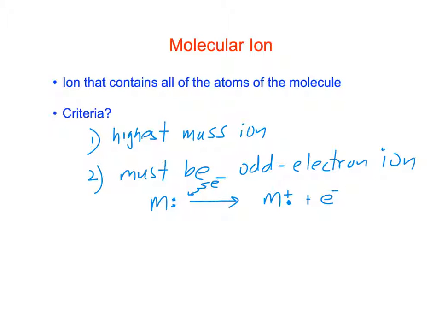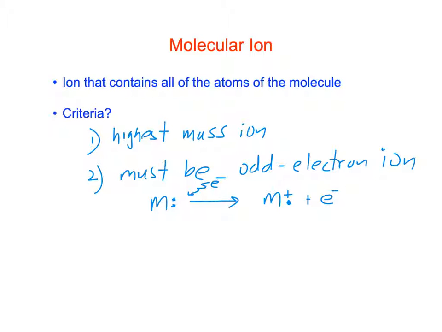So out of all the species that are being generated, so far all we're observing are the cations. Anything neutral, we don't see. All right, and so this is called an odd electron ion because it has an odd number of electrons.